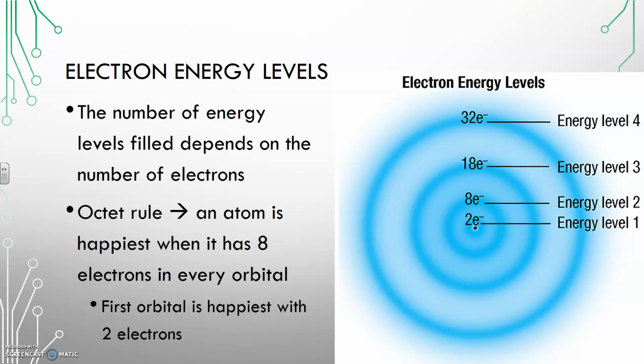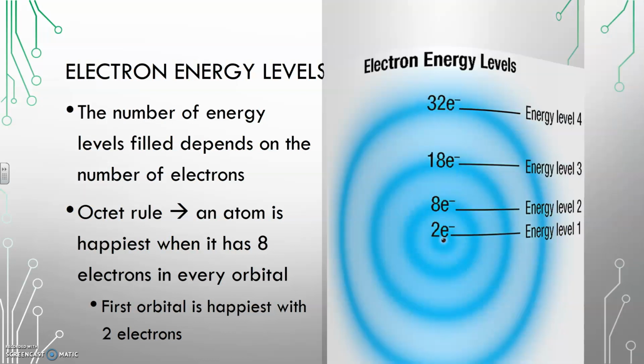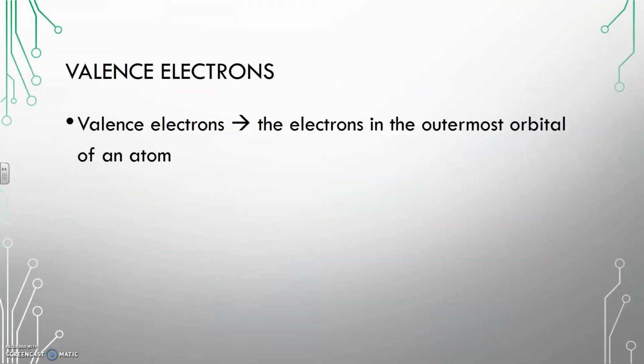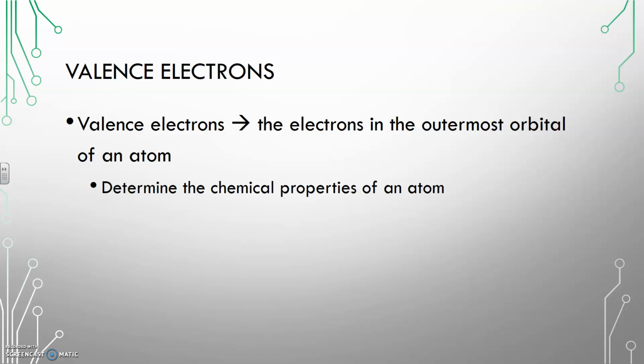It's because they already have those 8 electrons in their valence orbitals. Valence electrons are the electrons in the outermost orbital of an atom. The valence electrons determine the chemical properties of an atom. They're the ones just hanging out on the outside of the atom, so they're the ones that can react the easiest.